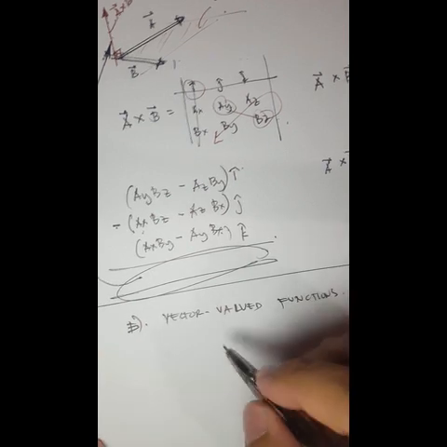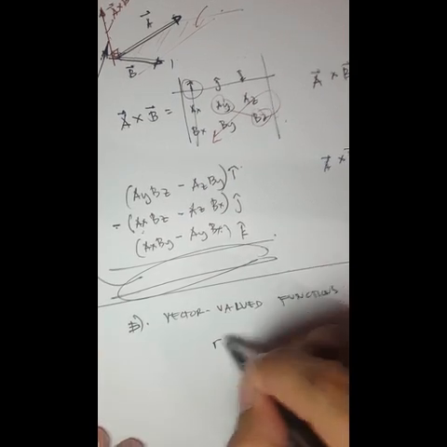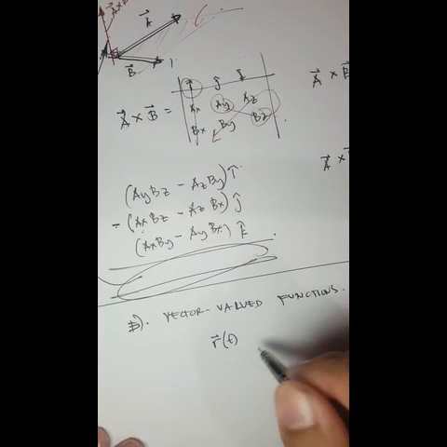Vector valued functions are of the form, let's say our vector is r, a function of time.